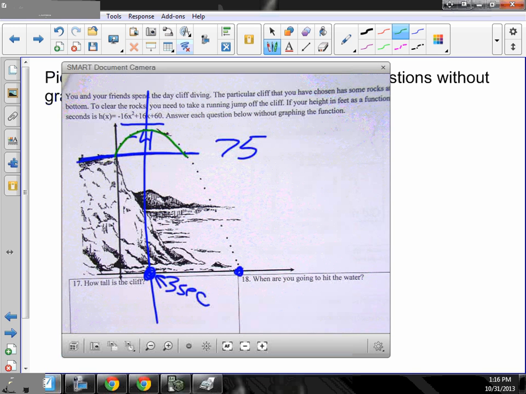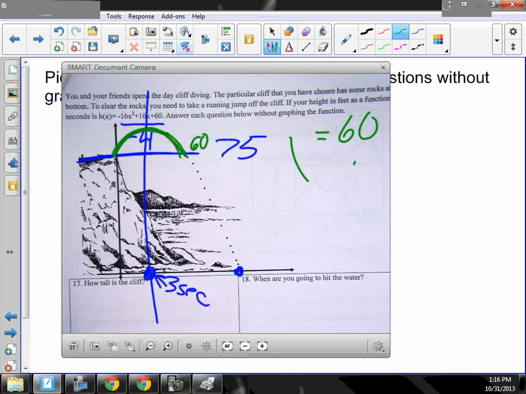So how am I going to figure out that? Well, this line is 60, so I'm going to set that equation equal to 60 and then subtract 60 and solve for x. And I know one of the answers is 0, right? Because this is going to have two roots, one here and one here, and one of them is 0, so finding the other one should be really easy.